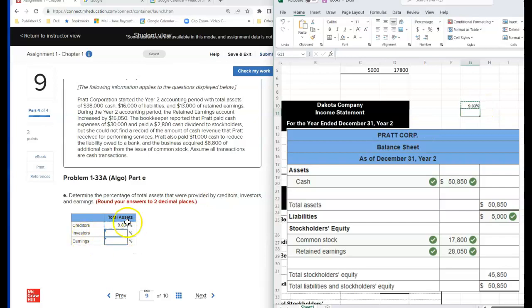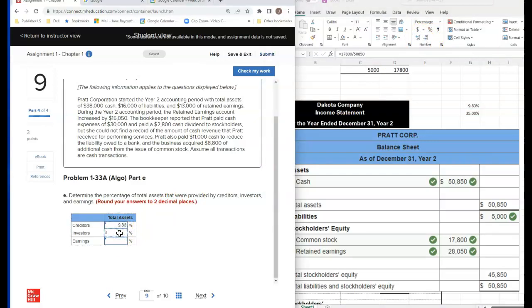When we're talking about our investors, they're talking about that common stock. So we're going to take that $17,800 and divide it by our total assets. Again, we need more decimal places. Oh, it's 35%. There you go. There you have it. Who knew?